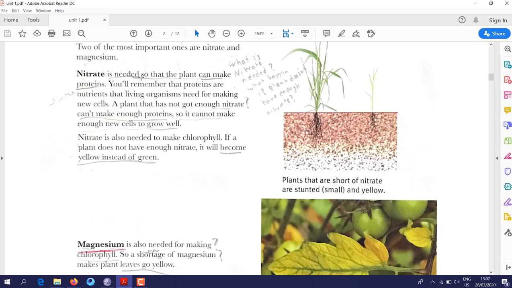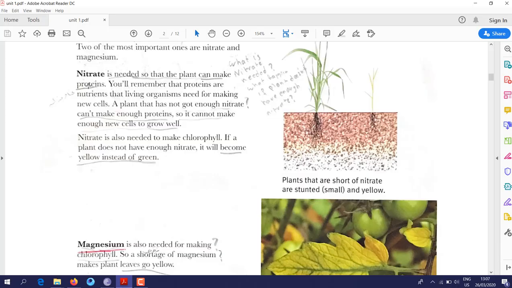Nitrate is needed so that plants can make protein. Okay, so plants will use nitrate to make proteins. And as you know, the function of proteins in the cell is that it helps making new cells. What does that mean?